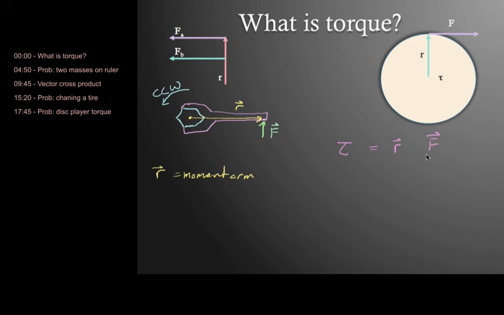So somehow these two are going to be multiplied together, in a similar way like we did our work was F dot X. Except here, the relationship between these two vectors is a little different.